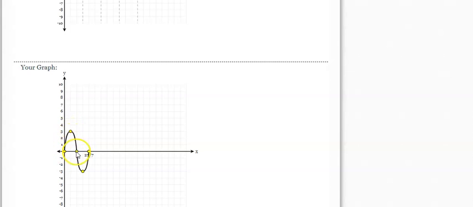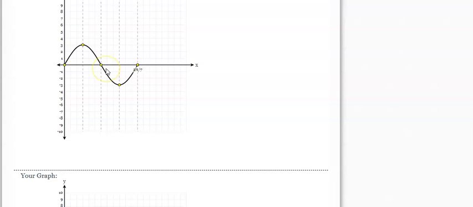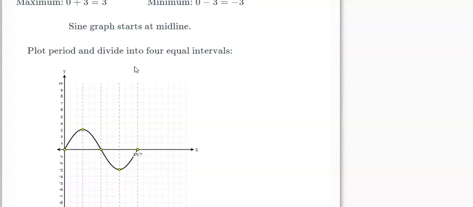So mid, high, mid, low, mid. They do the same thing, but they just spread theirs out. And as long as it's an even distance between each critical point, then you're fine. So 3 over to get high, 3 over to mid, 3 over low, 3 over mid again. That's where it ends. So that's one example of a sine graph.